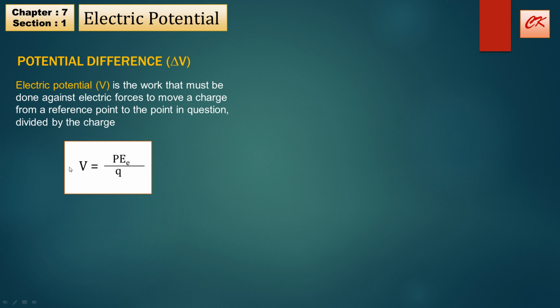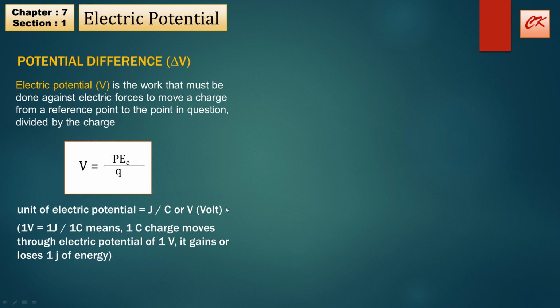We have written its equation as potential equals potential energy divided by charge. Yani the potential energy needed to move a charge. The unit of potential energy is joule, and the unit of charge is coulomb. So when you divide them, the unit of electric potential will be volt.